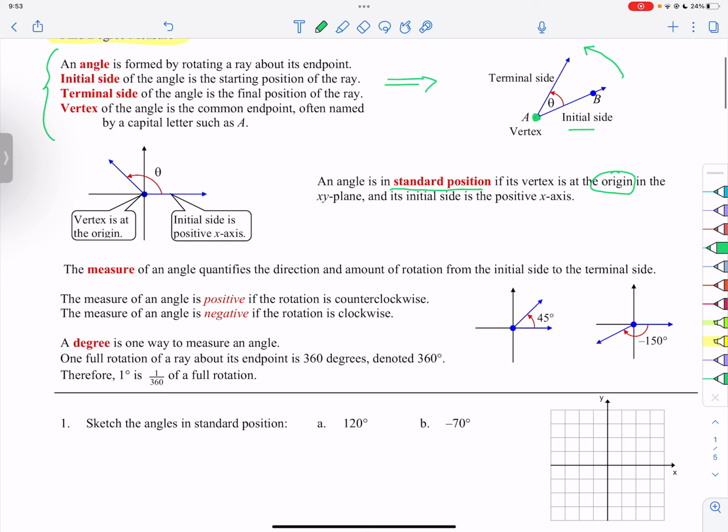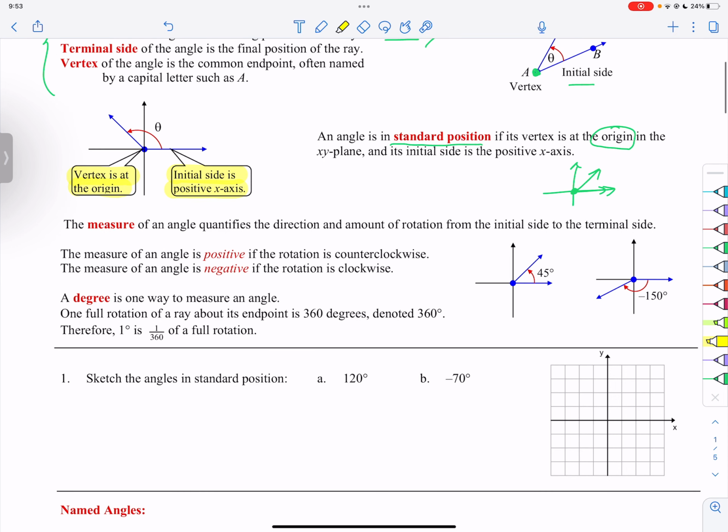Okay, so as you can see, if we have a vertex here, then we have an angle in standard position. And you can see over here to the left that the initial side is the positive x-axis, and here the vertex is at the origin. And that is an angle in standard position.